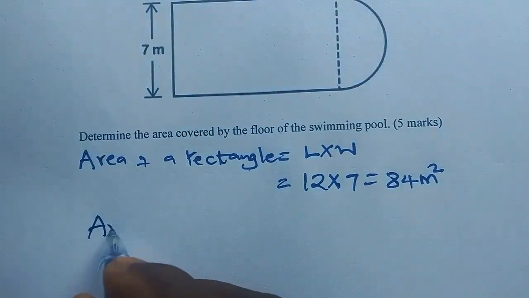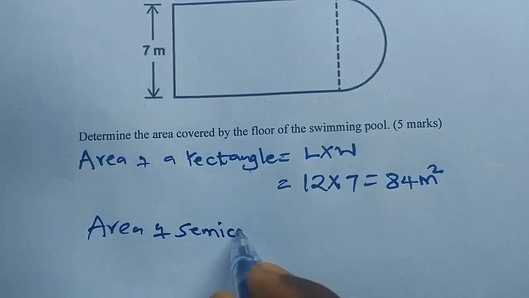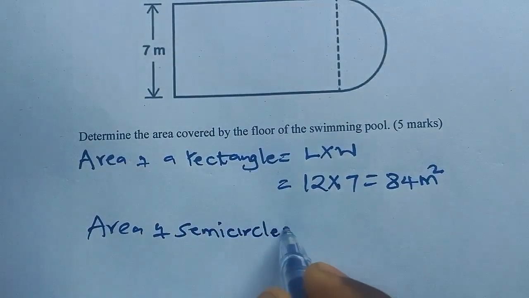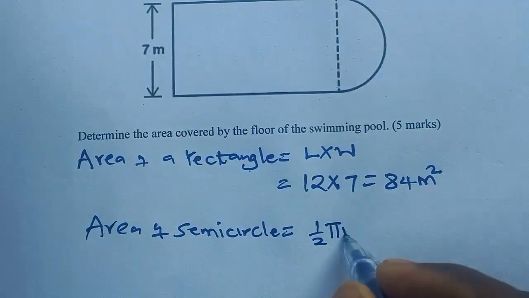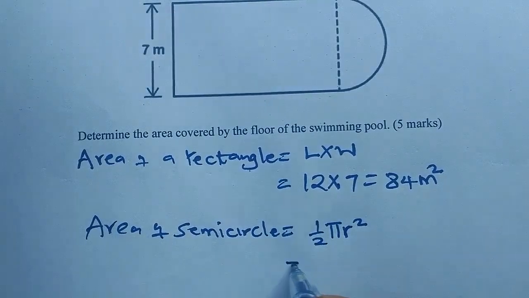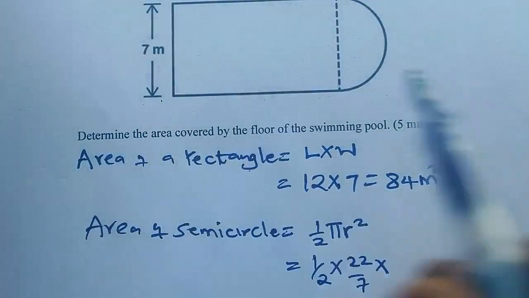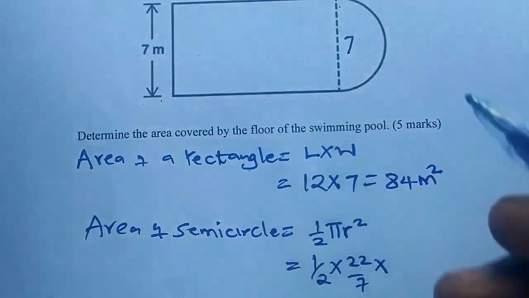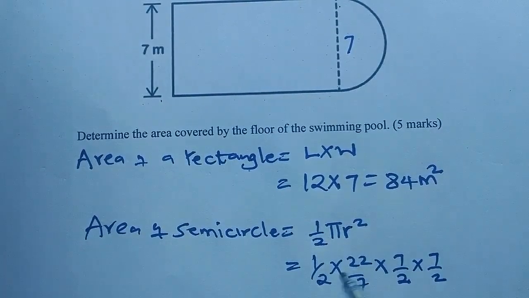Now the area of a semicircle is a half pi r squared. A half times 22 over 7 times the radius. The diameter from here up to here is 7. So the radius is 7 over 2, a half times 7 over 2. 7 over 2 is the same as 3.5.